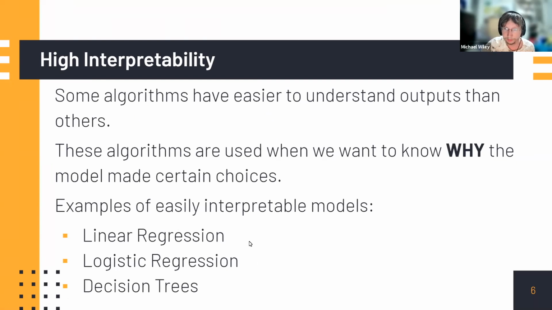And all of these are very easy to understand, and also tend to be easy to compute, but they don't necessarily have to be easy to compute to have an easy to understand output. And again, we favor these models just because, if we can understand what they're doing, it's easier to diagnose what's going on with our model. If accuracy is not that good, we can see why it's not performing well.